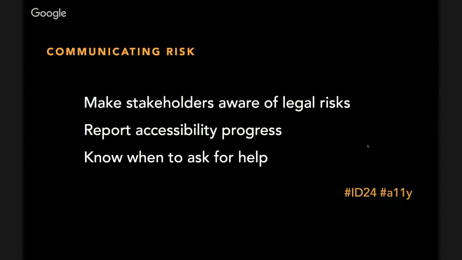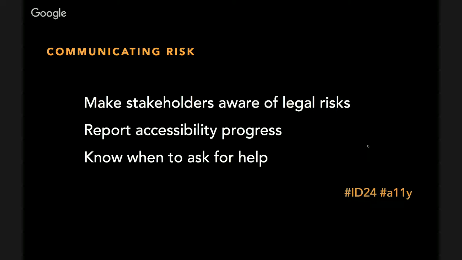And then, if you feel like you're over your head as a PM in terms of accessibility, and sometimes that can certainly happen, just being aware of that and knowing that, when you're feeling like things are a little beyond the scope of what your knowledge or experience is for accessibility, you can ask for help.